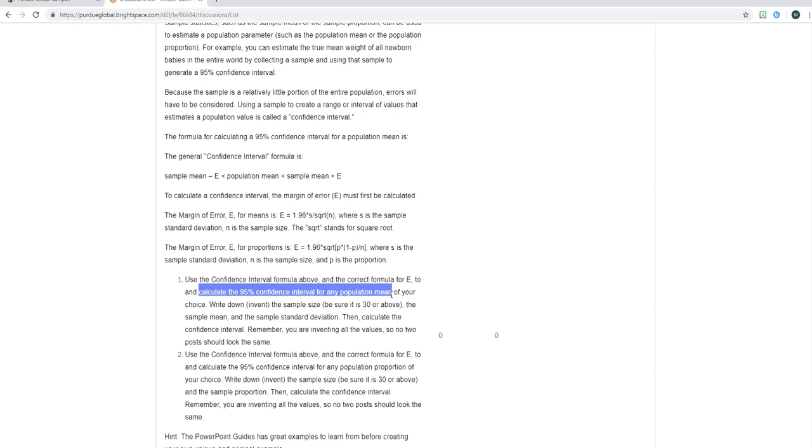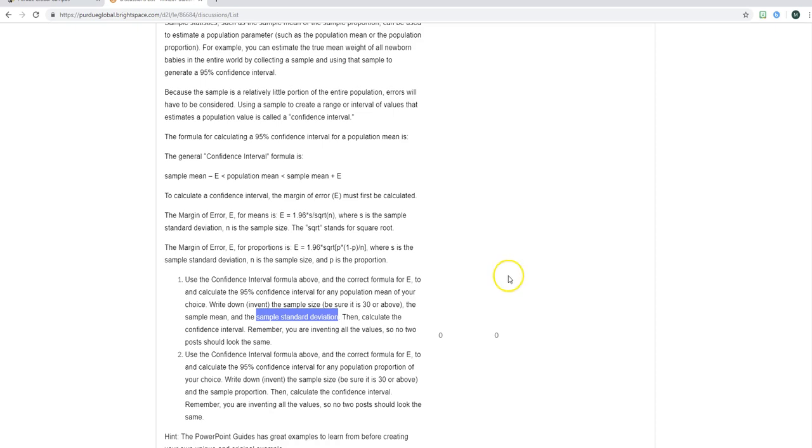And so while you don't need to create an original data set, you do need to invent and tell us, write down in your post, the sample size, making sure it's 30 or higher. You need to also give us a hypothetical sample mean and a standard deviation, and then show us how you would use those values that you chose to calculate the margin of error and then to calculate the confidence interval.